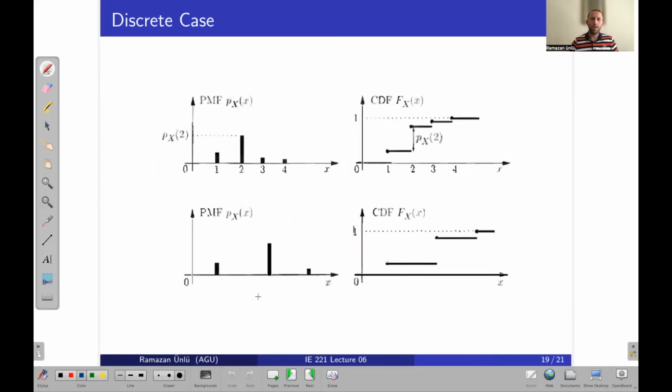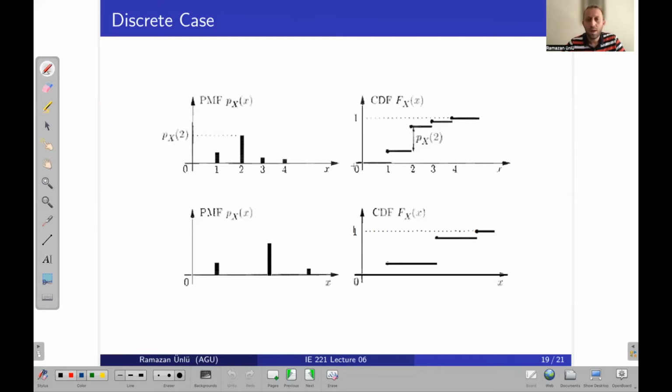So let's look at the CDF of discrete random variables. Let's look at the first example. We have the PMF of some random variable x, and it will take 1, 2, 3, or 4. So how can I get the CDF from that PMF? Actually, I will just accumulate, or sum, the probabilities of that particular random variable, right?